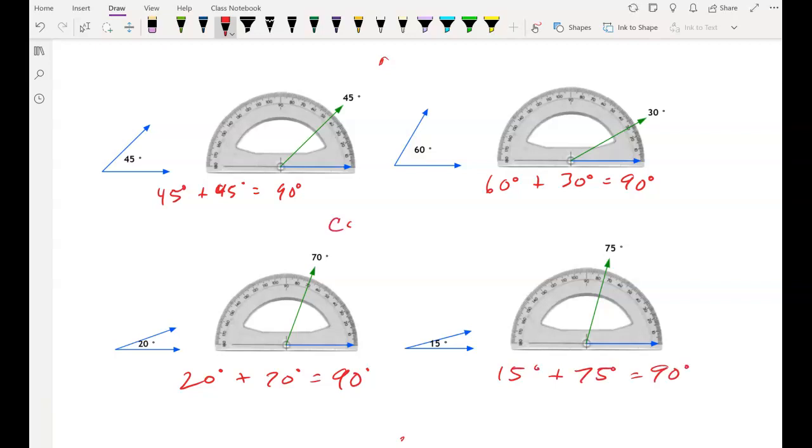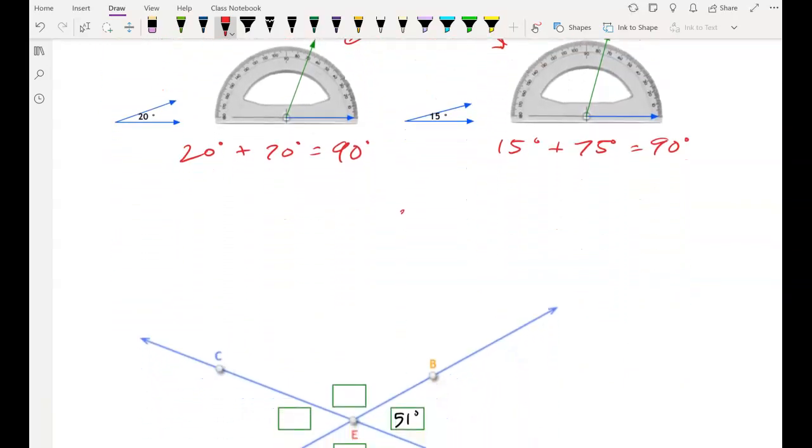These are all examples of complementary angles. All of them. Complementary angles. When you add two of them together and they equal 90 degrees.